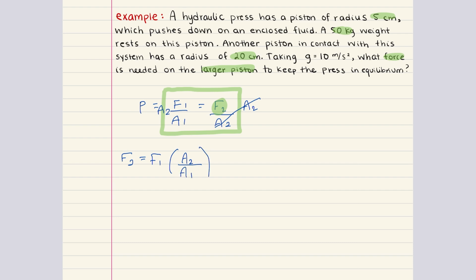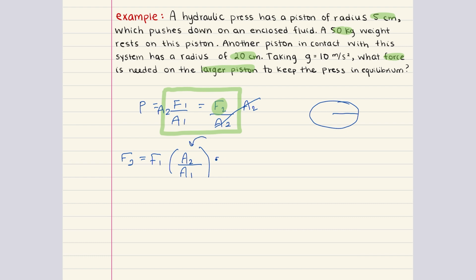Now here we're dealing with a hydraulic press that has a piston of radius 5 centimeters and another one with 20 centimeter radius. What we're dealing with is a circle. So when we talk about the area of a circle, we're talking about pi r squared to calculate that area. And we can use that to replace these terms here.